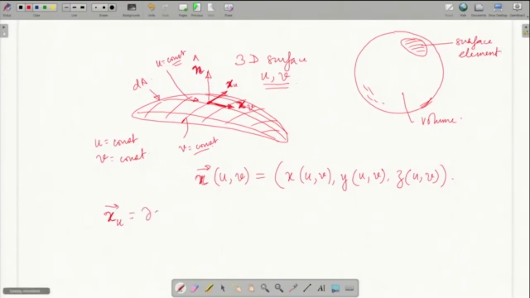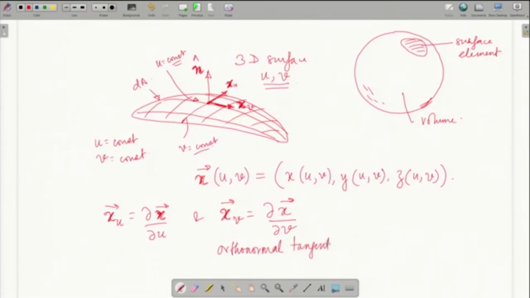So, that is x u equal to del x del u and x v is equal to del x del v. That is how we define them, and they are both tangent to the interface. So, they are the orthonormal tangents to the interface.